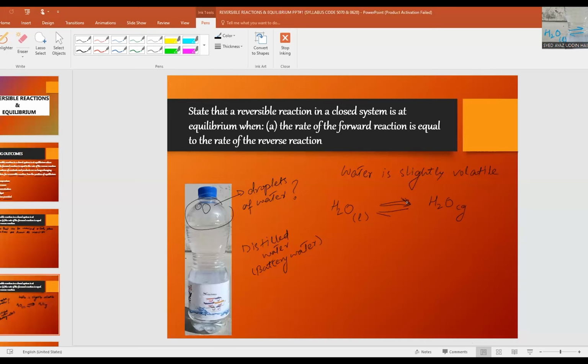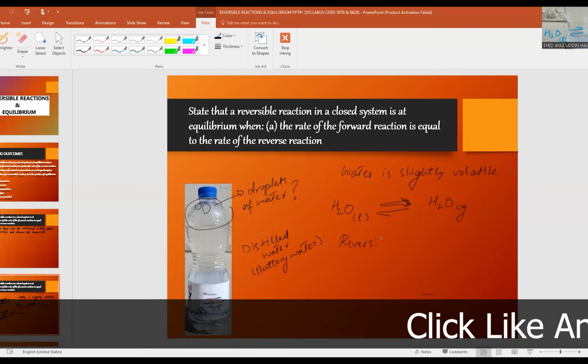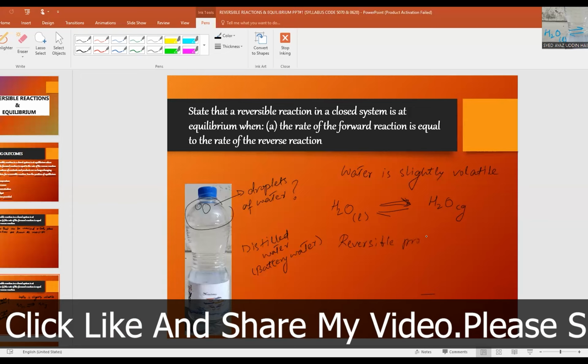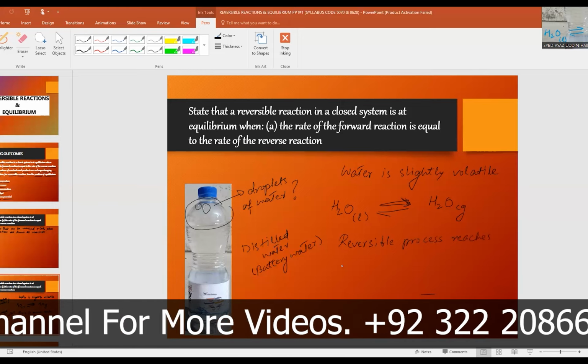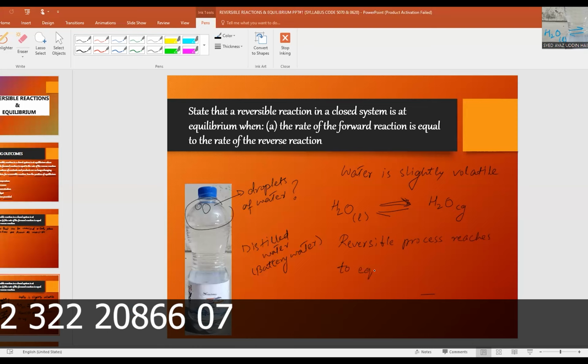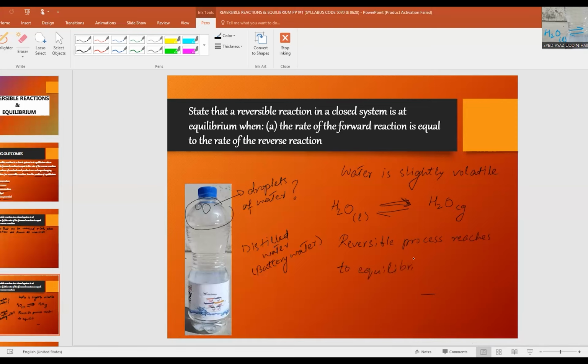And when this happens in a closed bottle system, like here, we can say that a reversible process reaches equilibrium state.